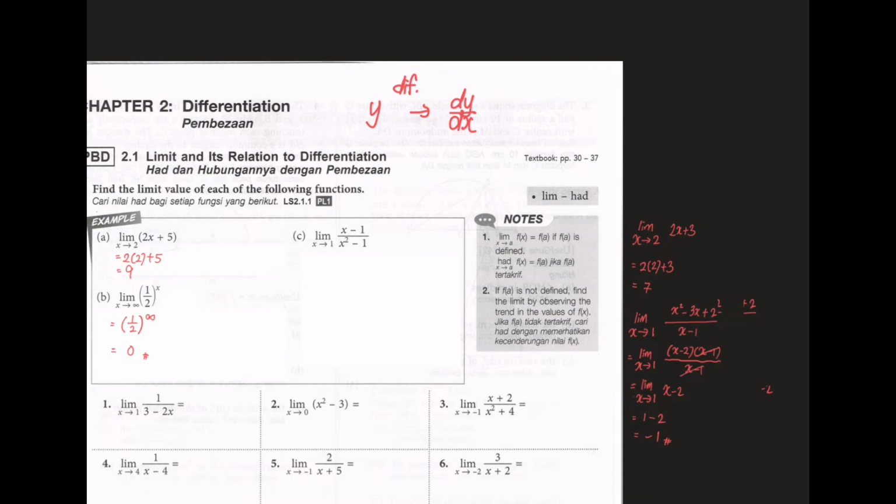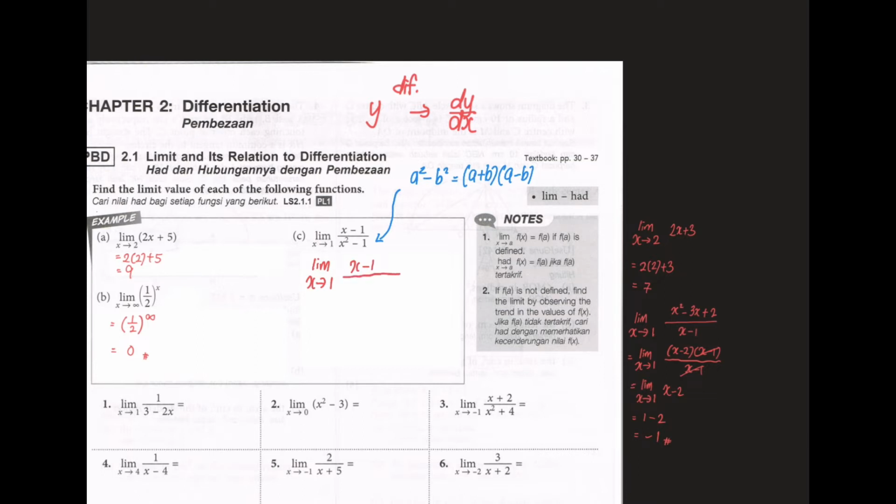I'm not sure whether you remember this formula, so I'll write it down first: when you have a squared − b squared, you can change it to (a + b)(a − b). Factorize it. So we do it at the denominator.